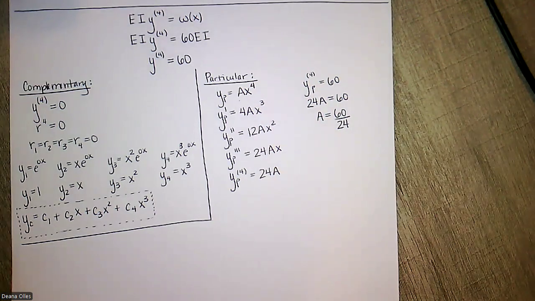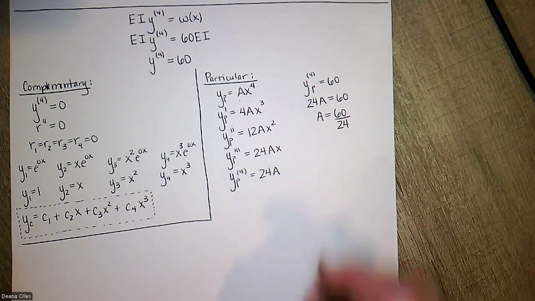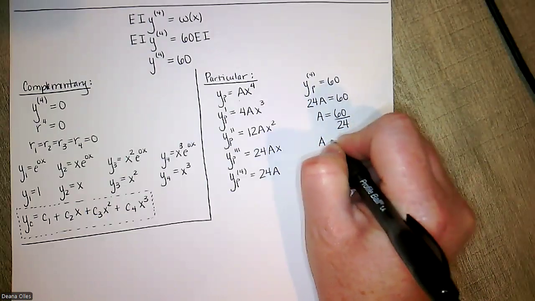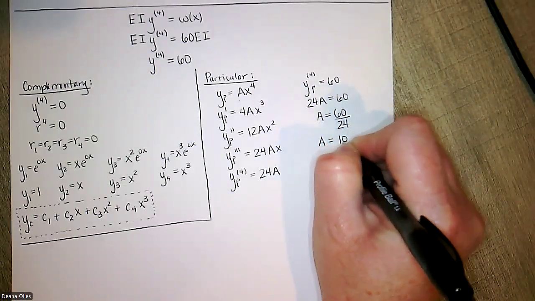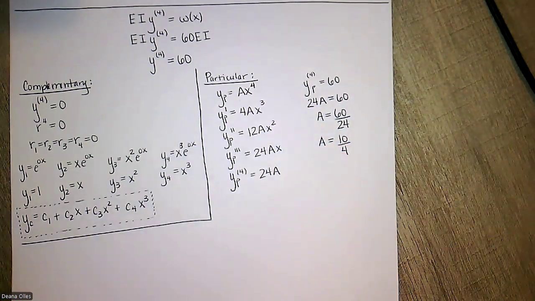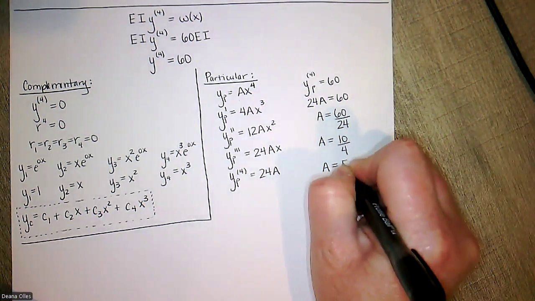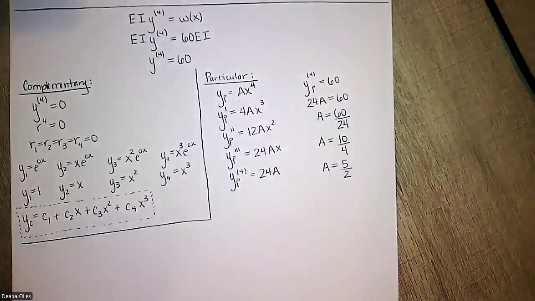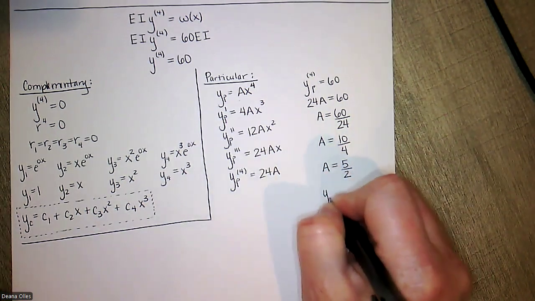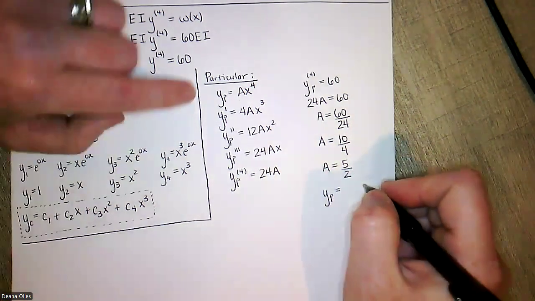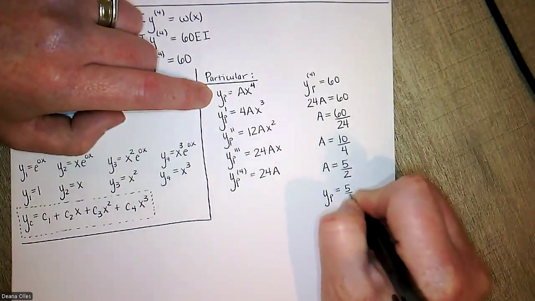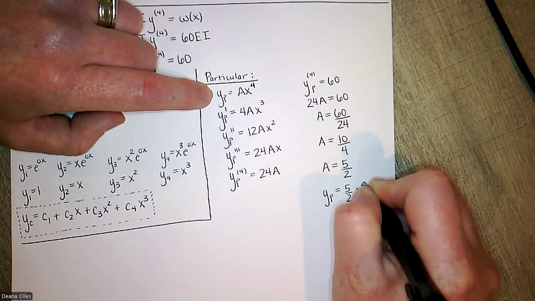Both of these are divisible by 6, which I'm going to start with because I know some of us are really working on our reduction. So that's going to be 10 over 4. Both of these are divisible by 2, so that means a is going to be 5 halves. And so my yp is going to be 5 halves x to the 4th.